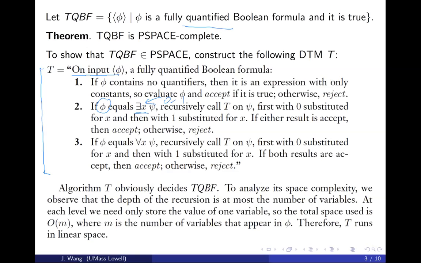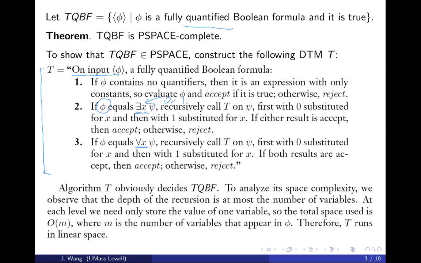If one of those evaluates true, then you accept it. Otherwise, you reject this formula. Similarly, if the first one is for all x, then you assign 0 and 1 to x and accept this formula if both of them accept. So this is straightforward to evaluate.